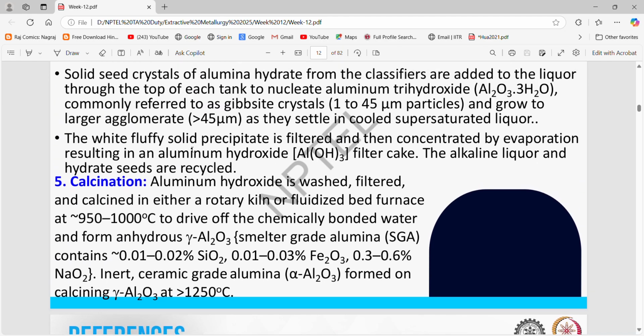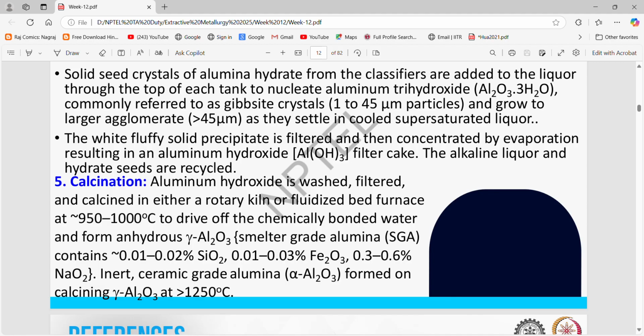Then this alumina hydroxide is subjected to the calcination process at around 950 to 1000 degrees Celsius to drive off any chemically bonded water, and to convert this aluminum hydroxide into gamma Al2O3, which is further required for the smelting operations via molten salt electrolysis during the Hall-Heroult process for the recovery of aluminium metal.